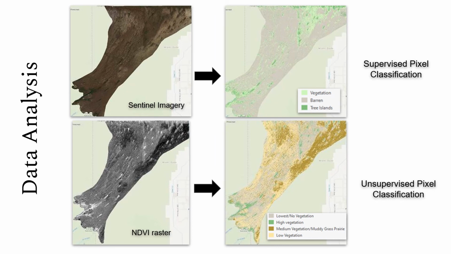And the supervised part of this analysis is that you are provided with categories you wanted to classify the pixels in. And the NDVI was done a little differently. It was done unsupervised, so it classified the categories on its own based on the pixel similarities.